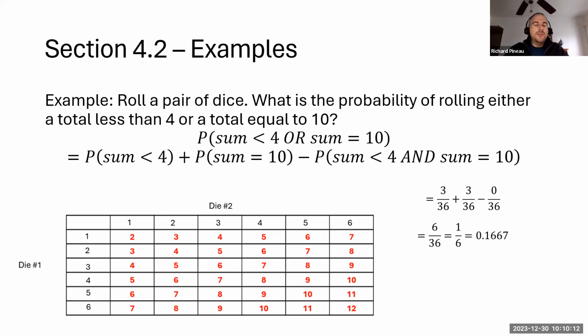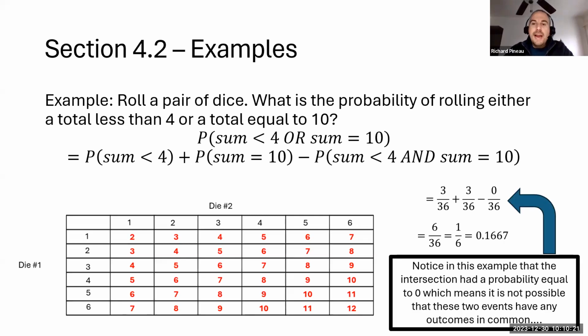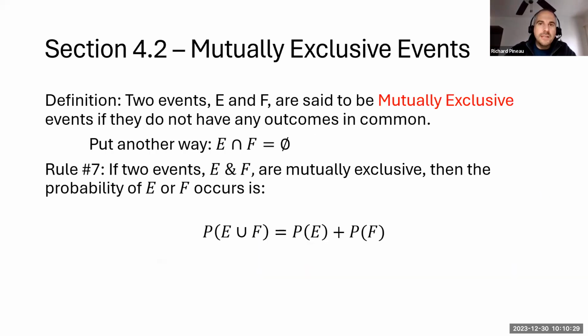Now, what this example demonstrates is something rather interesting, and this is what happens when we have an intersection between 2 events that is empty. And this has a meaning, so this is leading us on to something. Let's see what this is actually telling us. Well, what it's telling us is that those 2 events, getting a sum less than 4 and equal to 10, are mutually exclusive, and that's because there's nothing in common.